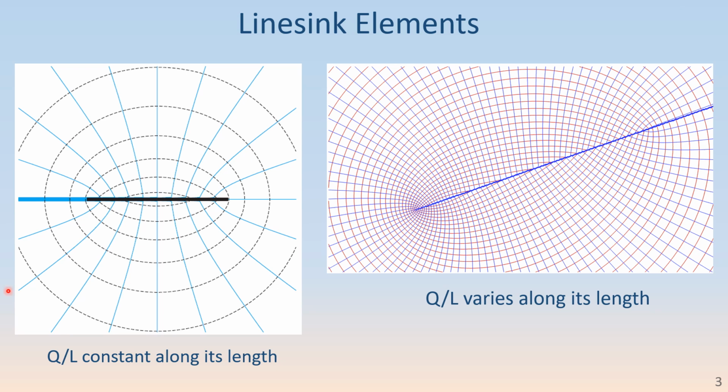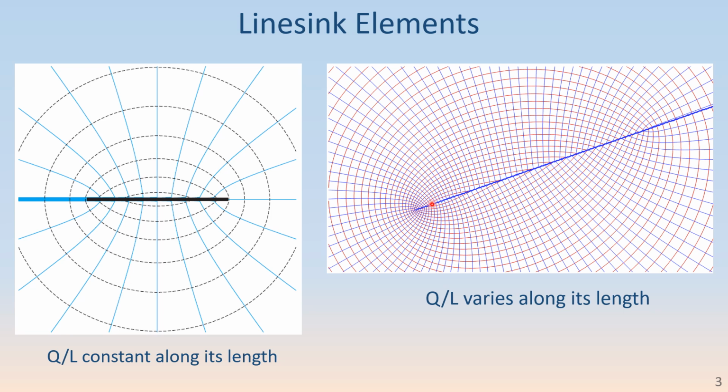Another thing to note is that the potential and the head are continuous across a line sink. So the dotted potential or head contours here, or the red contours here, are continuous from one side to the other. But there is a jump in the stream function which must occur whenever there's extraction from the aquifer.